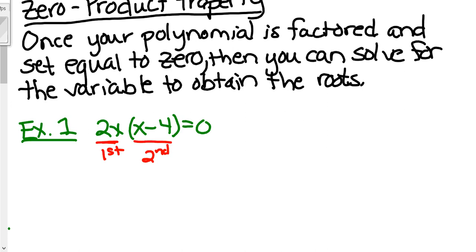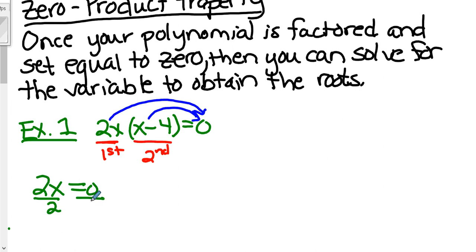So here we go. We're going to solve each part. You got your first part, which is 2x. So you just say 2x equals 0. Because 2x is equal to 0, and so is x minus 4. It's also equal to 0. So let's solve 2x equals 0.